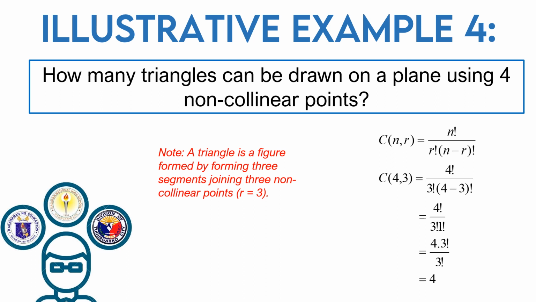When expanded, this gives us 4 times 3 factorial over 3 factorial. The 3 factorial in the numerator and denominator cancel out, giving us an answer of 4. Therefore, there would be 4 triangles which can be drawn on a plane using 4 non-collinear points.